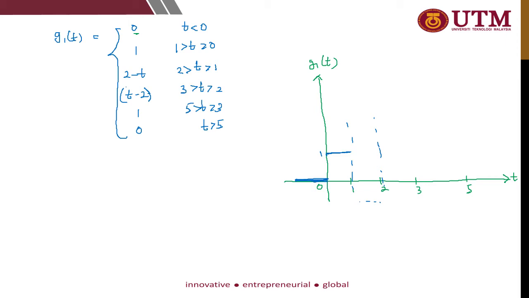When t equal to 1, the magnitude is 1 at this point. When t equal to 2, it's 0 at this point. So this is from 1 to 2. And then from 2 to 3 is t minus 2. Again, put t equal to 2, so it is 0. And then when t equal to 3, it is 1.